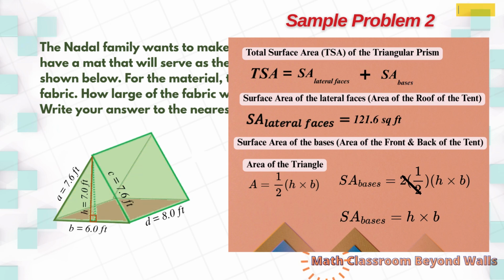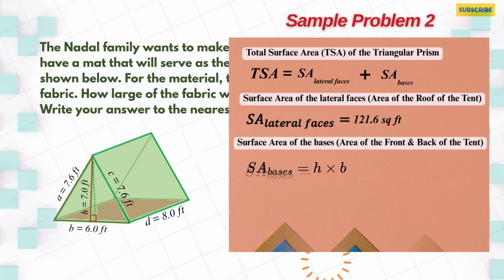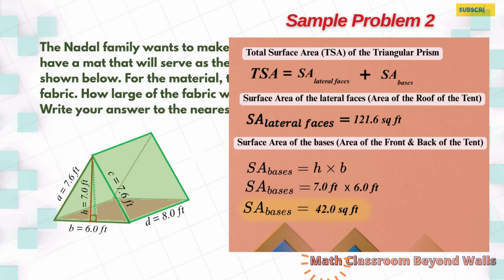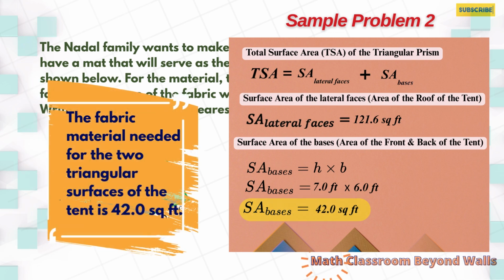Plugging in the values, we have 7.0 feet times 6.0 feet. Multiplying 7.0 feet and 6.0 feet gives us 42.0 square feet. This is the amount of fabric material needed for the two triangular surfaces of the tent, the front and back surfaces.